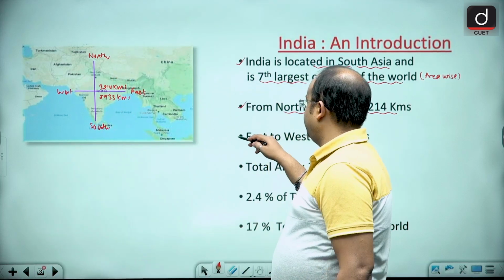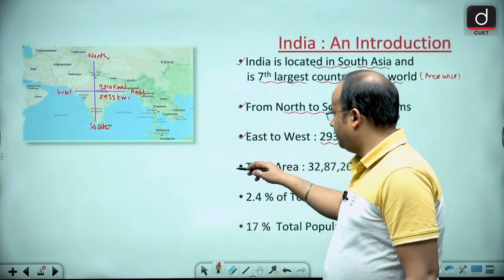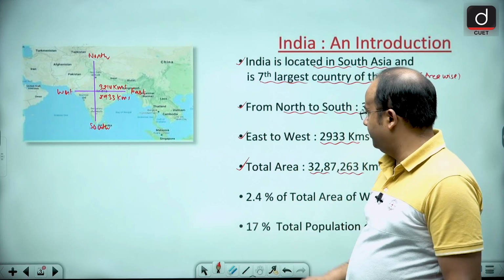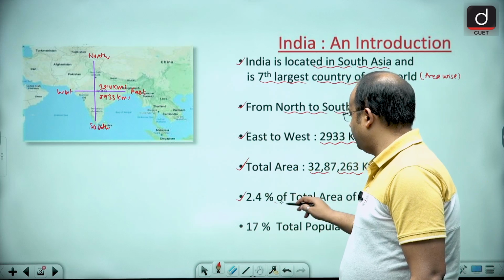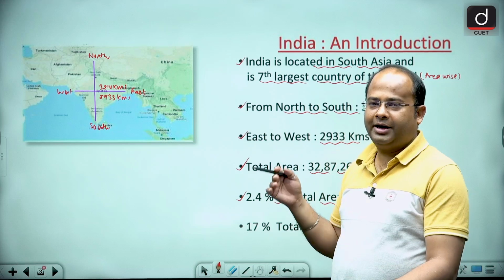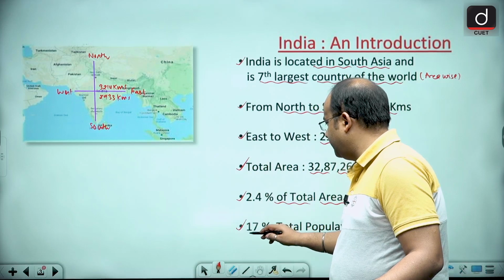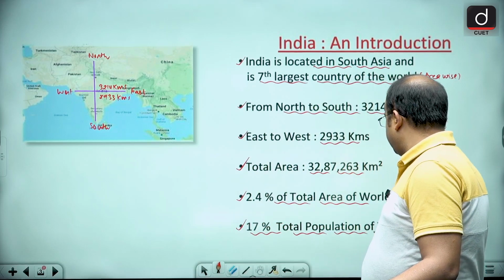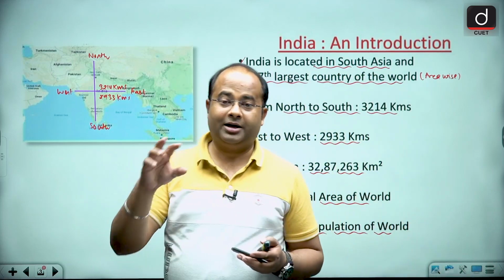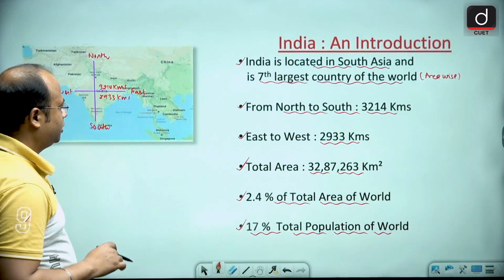So from east to west it is 2933 kilometers, and the total area of India is 32,87,263 square kilometers, which is around 2.4% of the total area of the world. And the population of India accounts for 17% of the total population of the world.